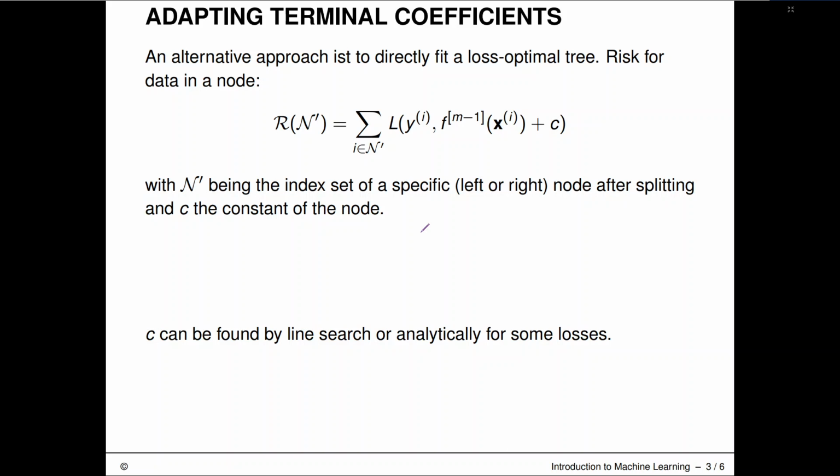There's also an alternative approach: we can try to directly fit a loss optimal tree. We can take a look at how this risk function can be written for the data in a node, when we add in only the data points in that node. And remember that our nodes form a partition of our space, so each data point is in exactly one of these leaf nodes. While we are constructing the tree, we can already use that risk function with the loss that is handed down to boosting.